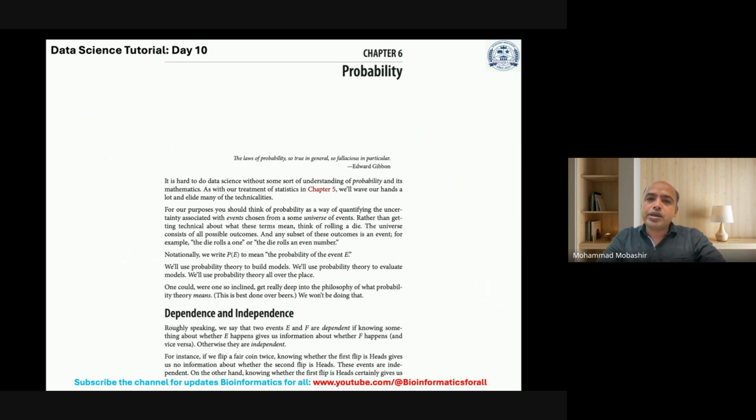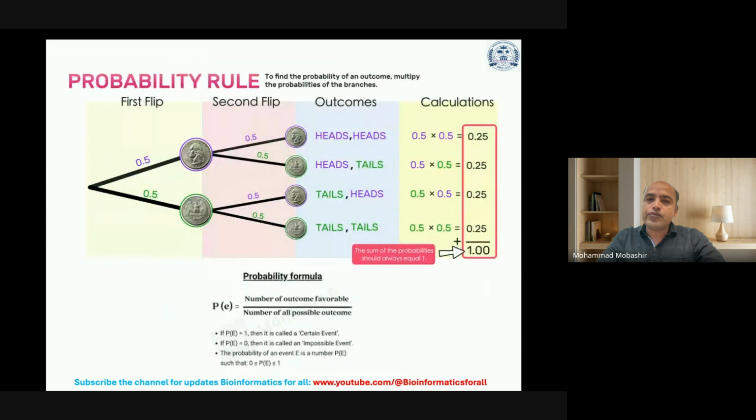And in this chapter, most of the probability concepts which are commonly used for data analysis or in data science will be discussed. So, for example, there are some probability rules.